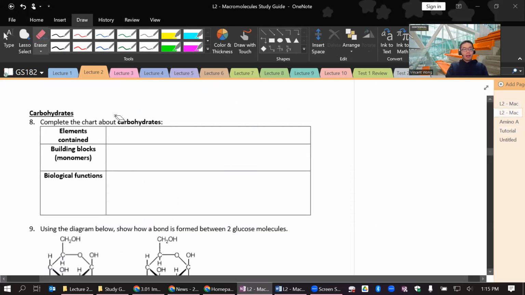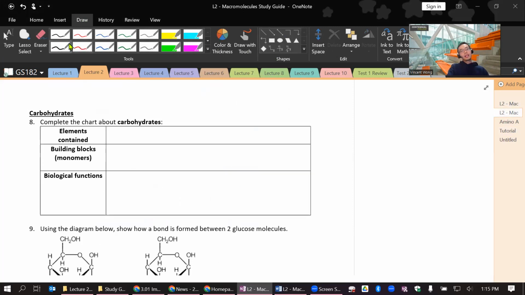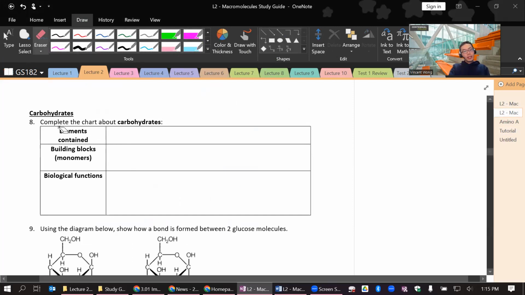Okay. Let's take a look at carbohydrates. All right. So the elements that are found in the carbohydrates include carbon, hydrogen, and oxygen. Right.